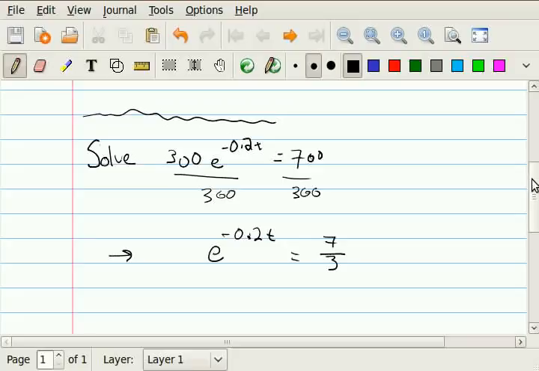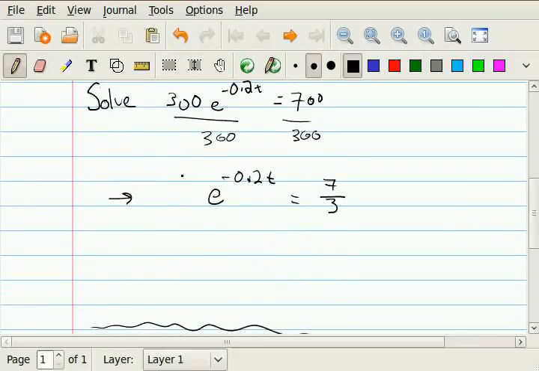Okay, but the great thing here is that if that's true, I can take the natural log of both sides. Now, over here on the left, this is the great thing. Natural log of e to a power is just the power. Now, natural log of 7/3, well, that's a number.